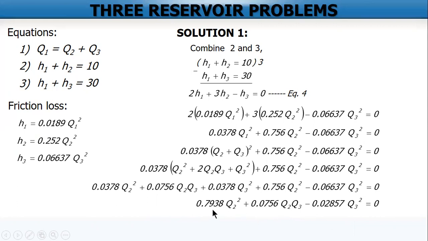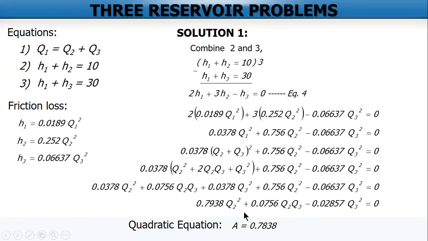So, we can assume this equation as a quadratic equation with Q2 as our variable. And we will treat Q3 as one of the, as a constant, part sa constant. So, sa quadratic equation, our A is 0.7938.